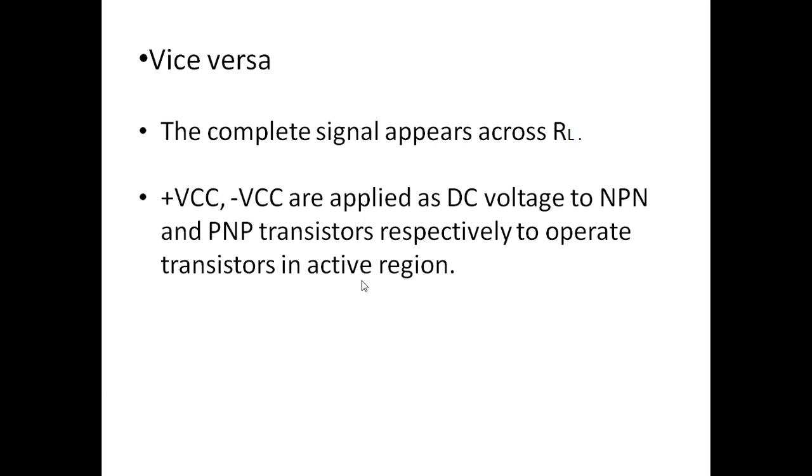The complete signal appears across the load resistor. Plus VCC and minus VCC are applied as DC voltage to NPN and PNP transistors respectively to operate the transistors in active region. That is, this plus VCC minus VCC provides the required bias voltage to operate the transistor in active region.